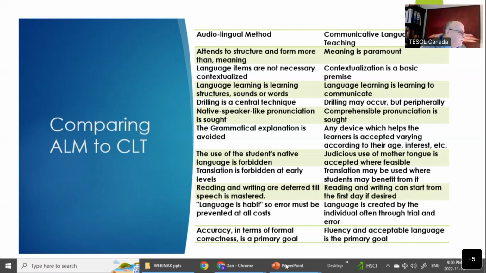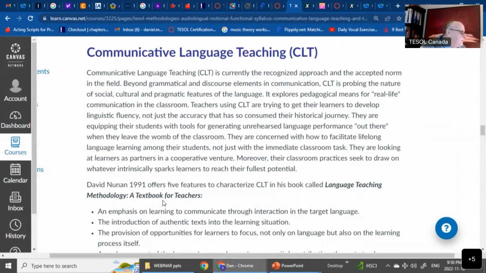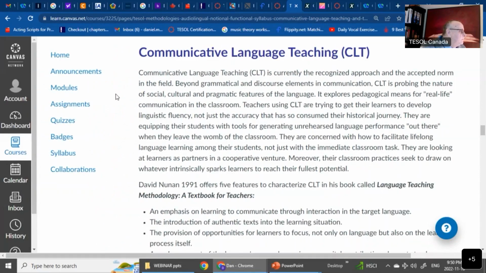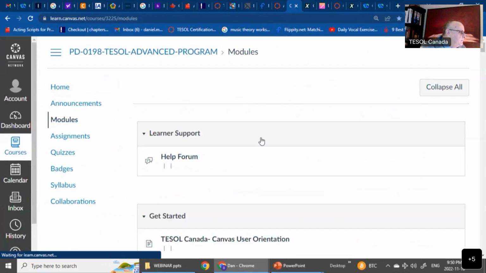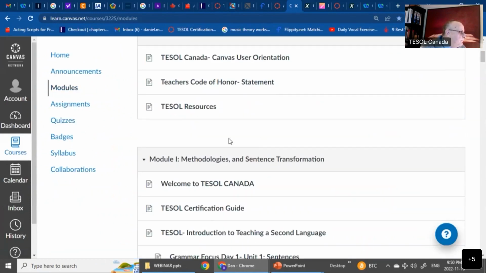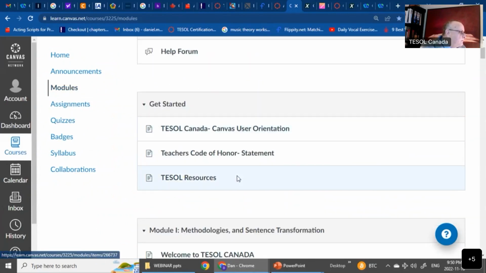And I'm just going to go to the Canvas platform here for a moment and show you where you can find these resources. If you go to the Canvas platform, under modules here, at the beginning of modules, before you actually get into day 1 and day 2 and all those things, before you get there, there's a resources button right here.